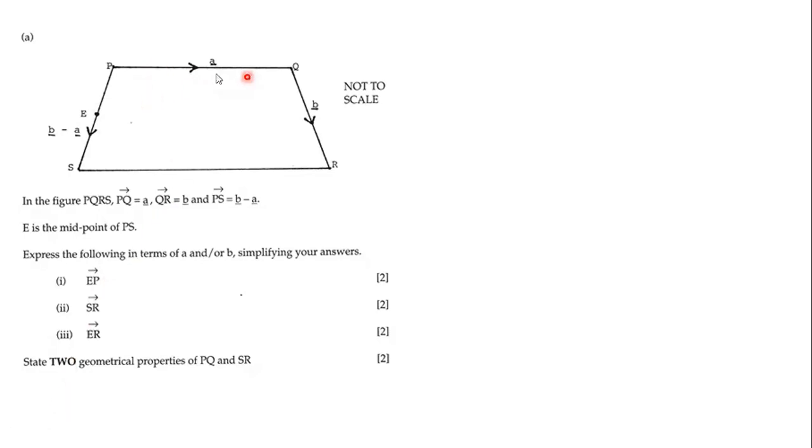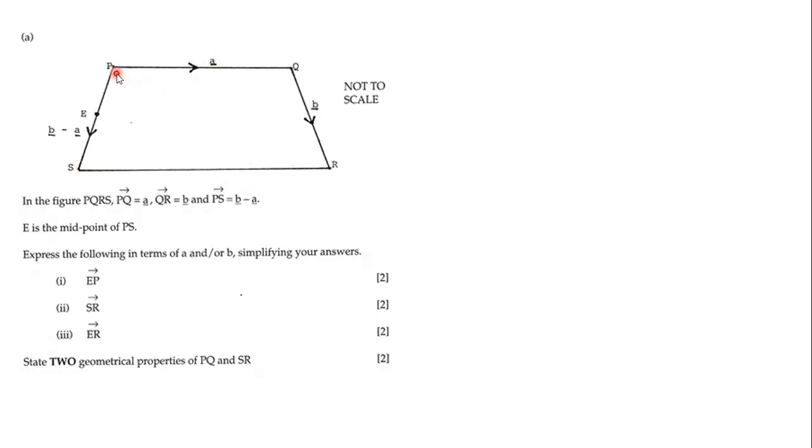So what are some geometrical properties that we can notice from this diagram, and about PQ and SR? And not only from this diagram, but from the information that we are given. Let's look at it. Which one would you say is longer? Is PQ longer than SR, or is SR longer than PQ?